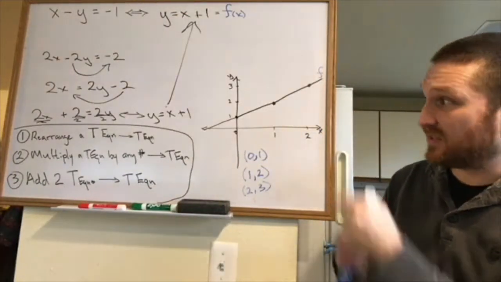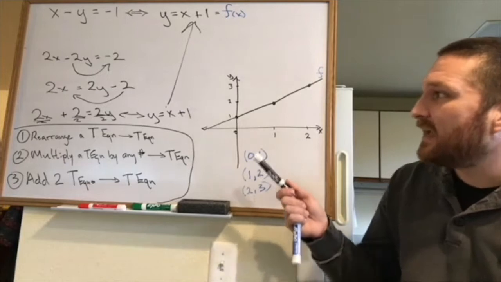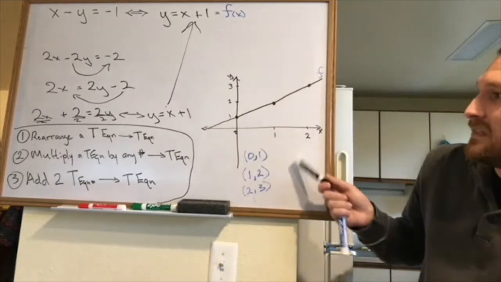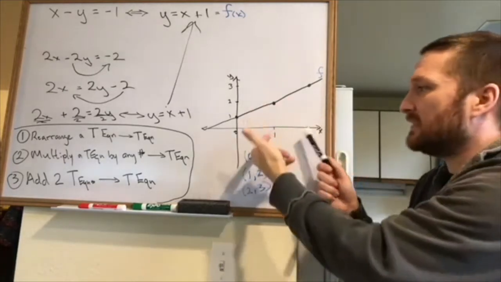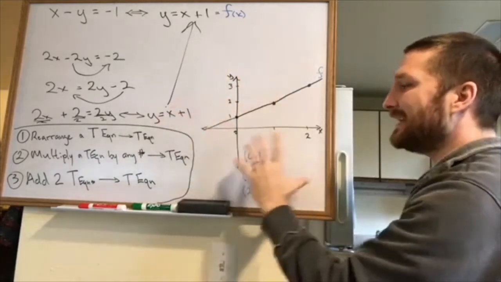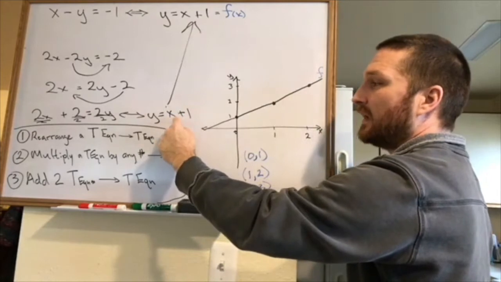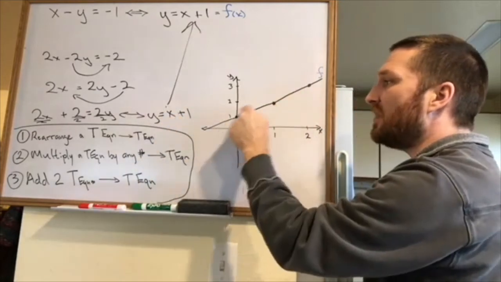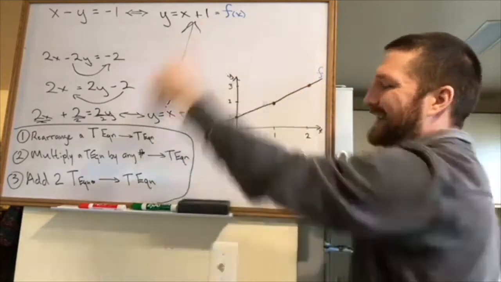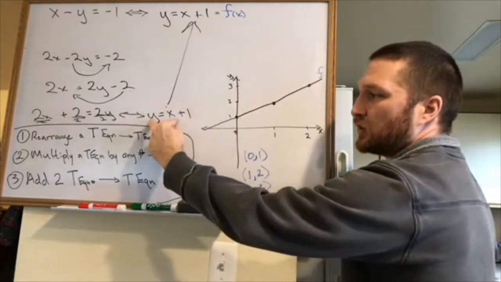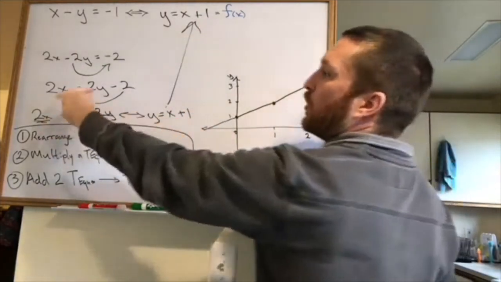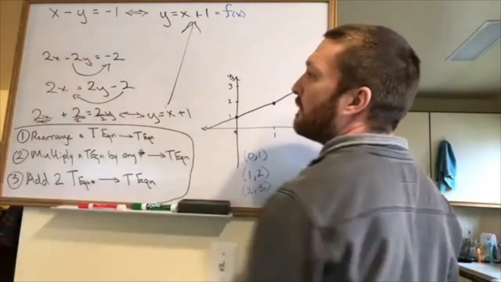And then I could just see it's pretty obvious that, yeah, how did we get this in the first place? Well, we plugged in x's and we got out y's. And so anyone that satisfies that is going to satisfy that as well. In other words, any point on this line, well, that's the same line. So of course it'll be true, which means of course that's going to be true right there.